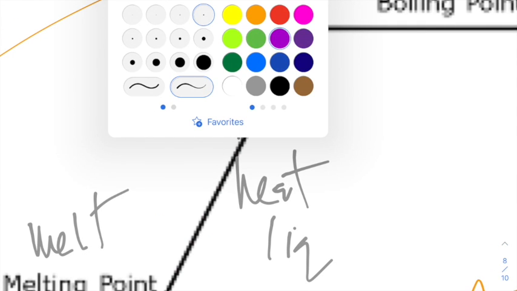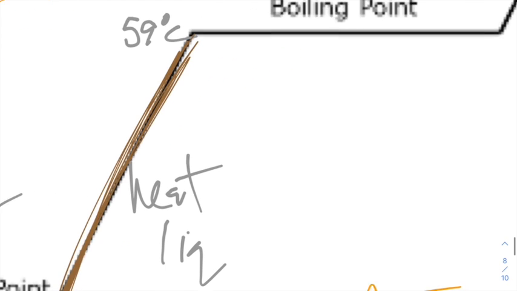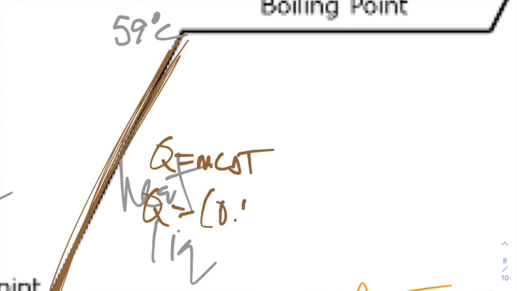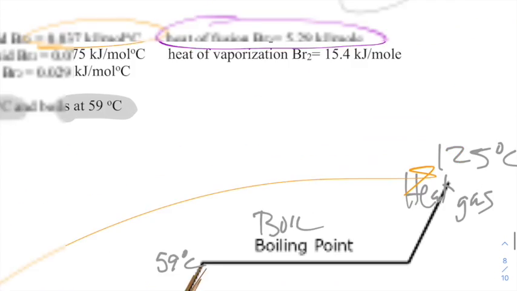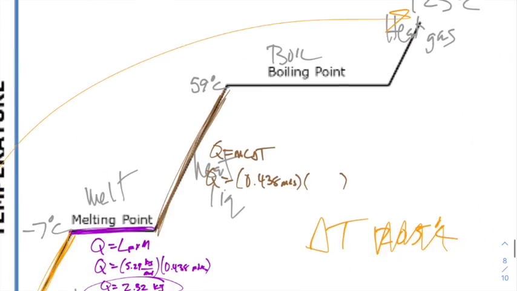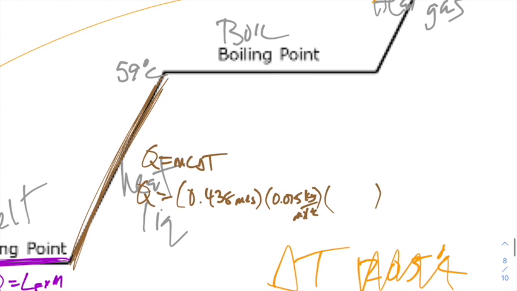Now what I'm going to do is I'm going to heat up the liquid bromine. So that's going to go from here up to here. And so we're back to temperatures changing again. So this is going to be Q is equal to mc delta T. So my mass is still the same, 0.438 moles. My specific heat capacity for liquid bromine, there he is, 0.075 kilojoules per mole degree Celsius.